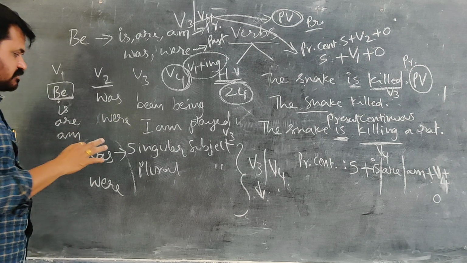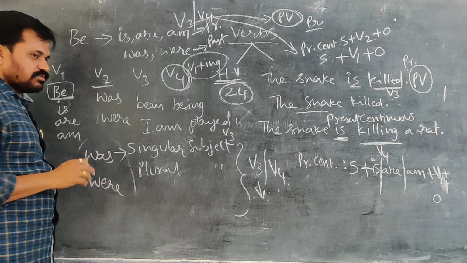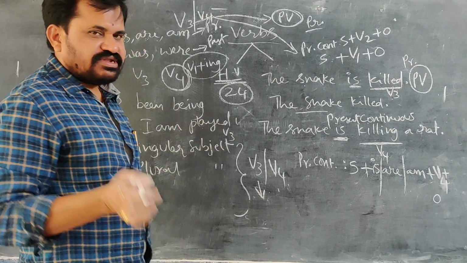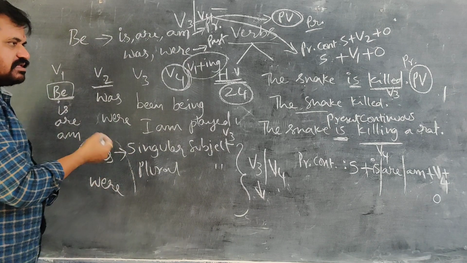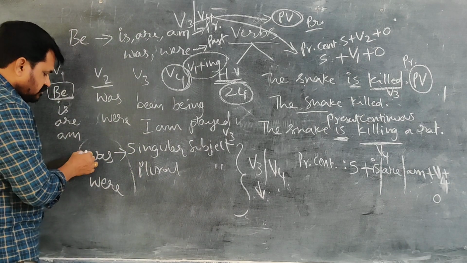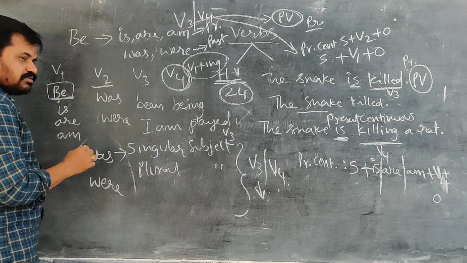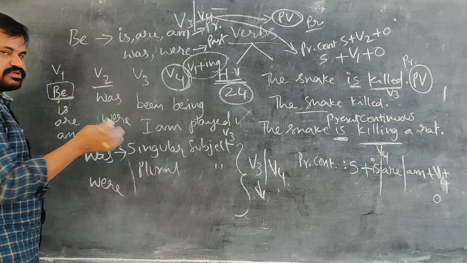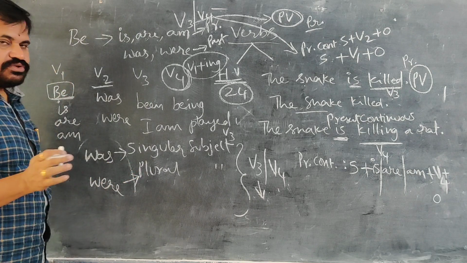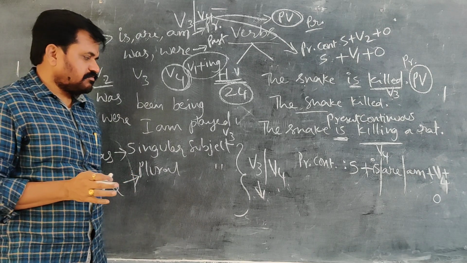For I also you have to use was only. Here you have to treat I as singular only, always singular. Generally there is a separation regarding I, but here was is used with I and also with singular subjects. With were, we have to use plural subjects.